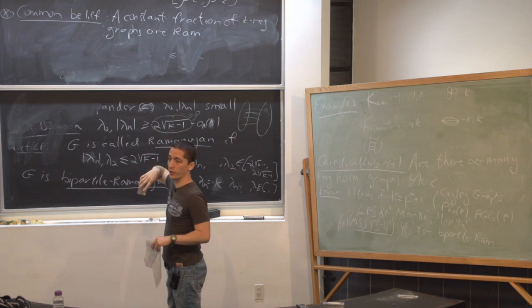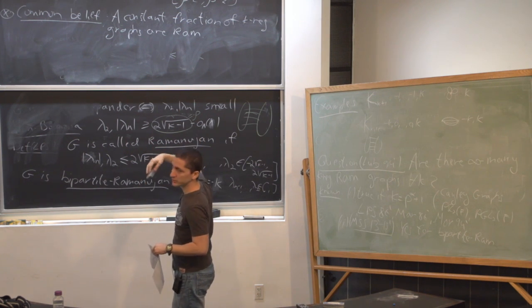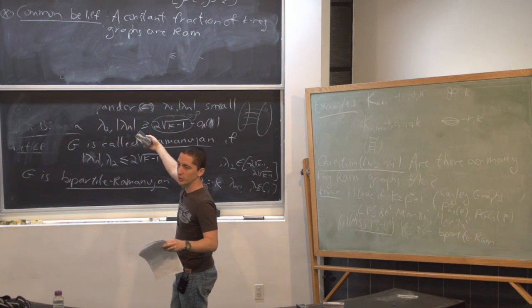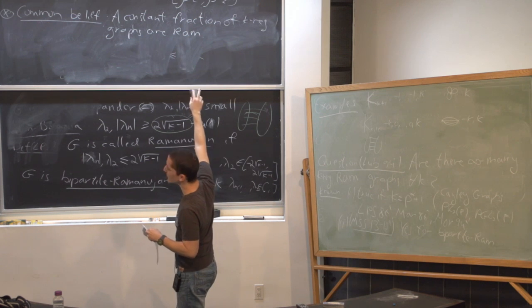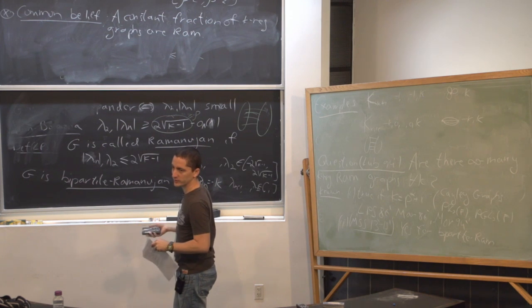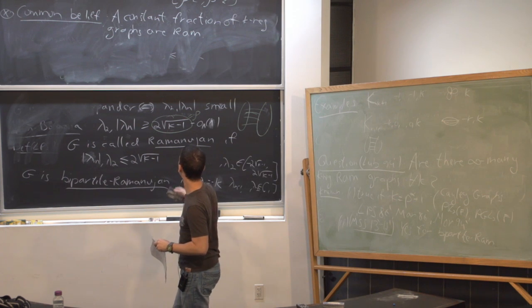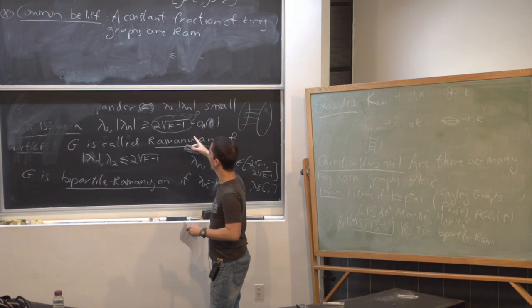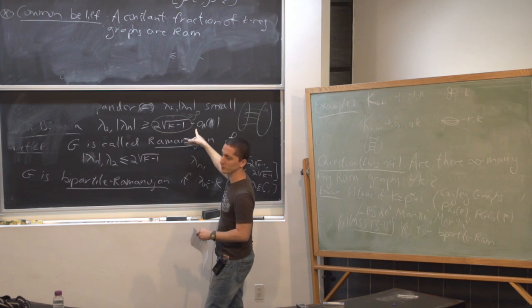For every positive epsilon, this is true. When n tends to infinity, the proportion of graphs that fall into this interval tends to 1. This is the other direction: this is minus epsilon, this is plus epsilon.